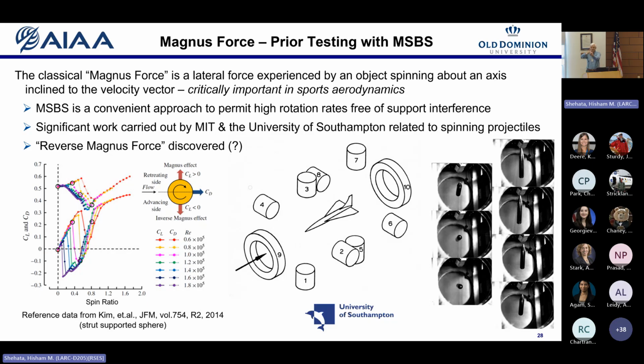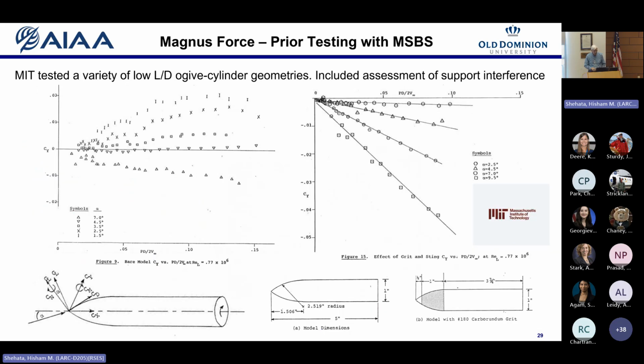So then you get an aerodynamic angle of attack, and the Magnus effect causes the shell to drift off one way or the other. So there was a lot of interest back in the day in analyzing and understanding this effect. So some data from Southampton, a good deal more from MIT, and this showed for, again, ogive cylinder shape, 5:1 length to diameter ratio.